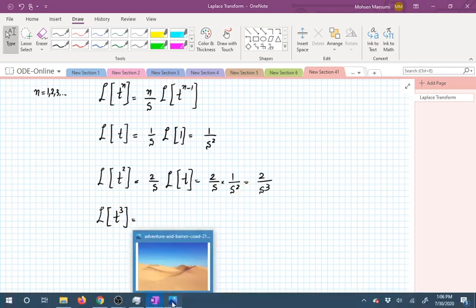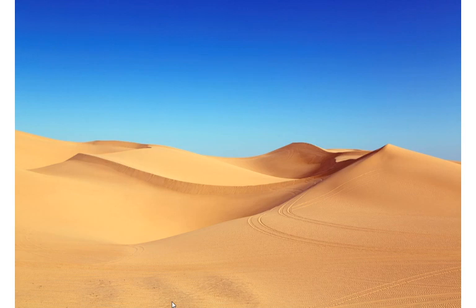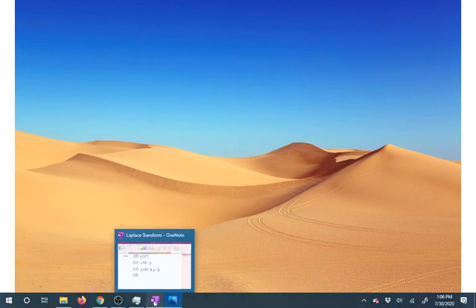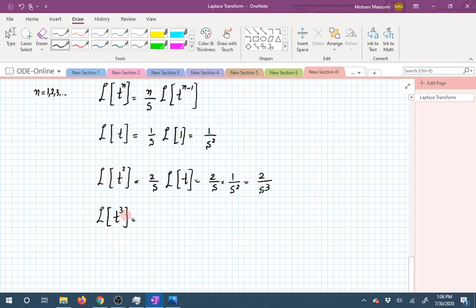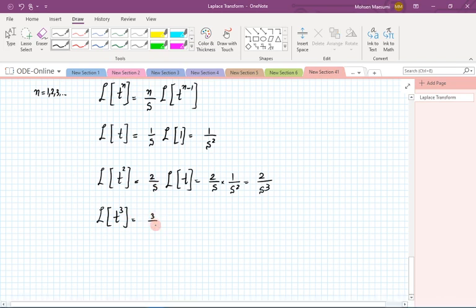So go ahead, take a few seconds and do the Laplace transform of t cubed. So of course it becomes 3 over s times the Laplace transform of t squared, which we know what it is, 3 over s times 2 over s cubed, so that becomes 6 over s to the power of 4.